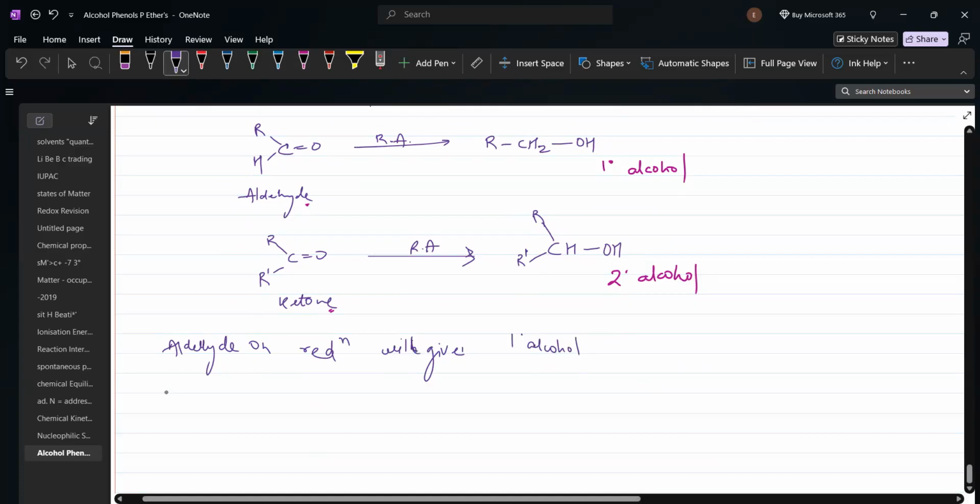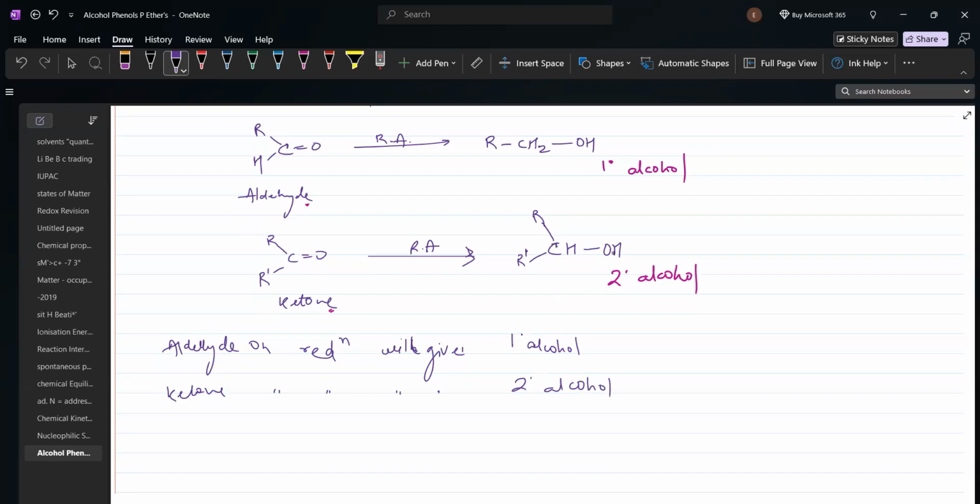In a similar way, when ketone is reduced it will give 2 degree alcohol. Why? Because this carbon is attached with two carbons, so that is why this is 2 degree alcohol. The carbon is attached with an OH group, that is why it is named alcohol, and the same carbon is attached with two alkyls or two carbons, that is why this is 2 degree alcohol.